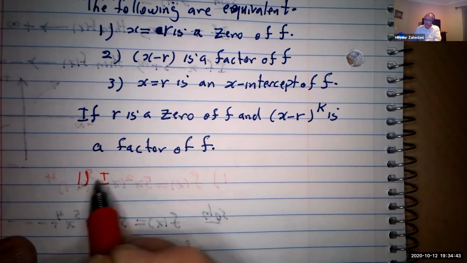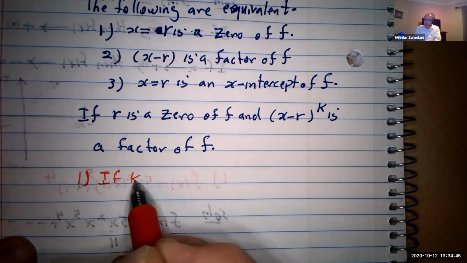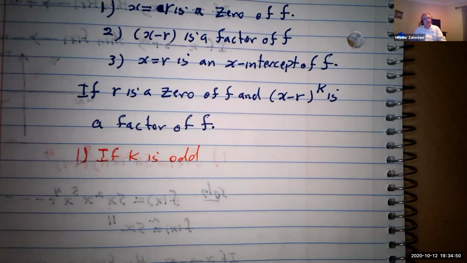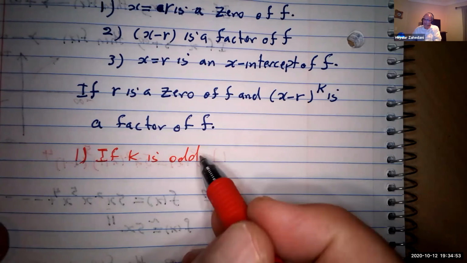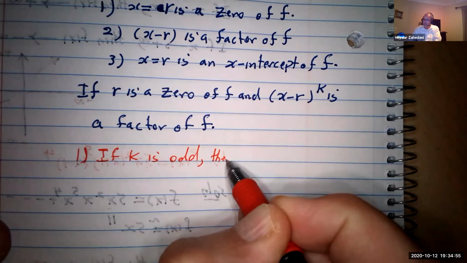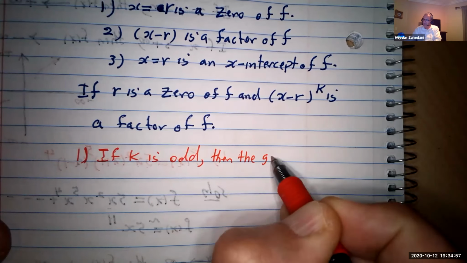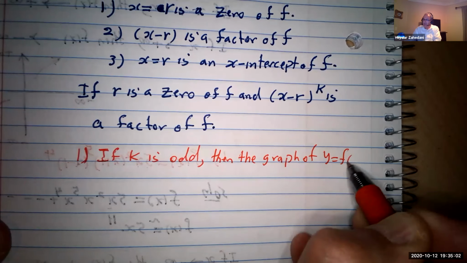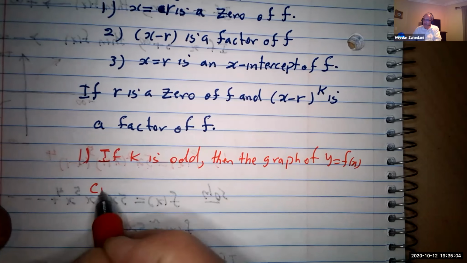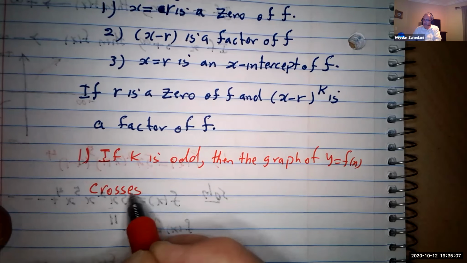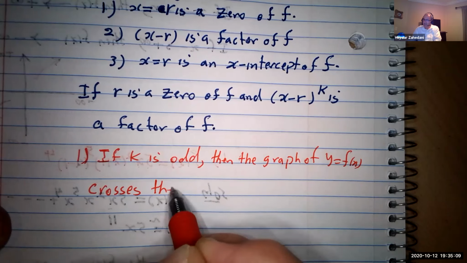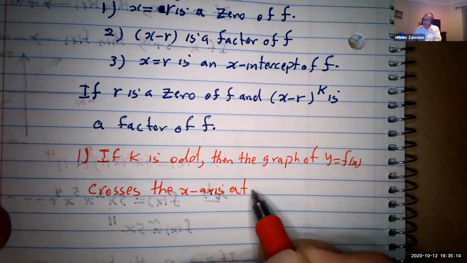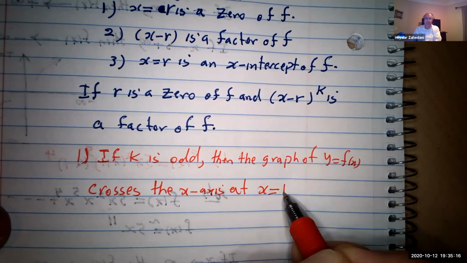The first one is that if k is odd, if the power is odd, you can have a positive or negative. If this is the case, then the graph of y equal to f of x crosses the x-axis at x equal to r.